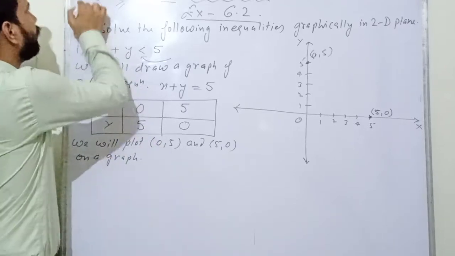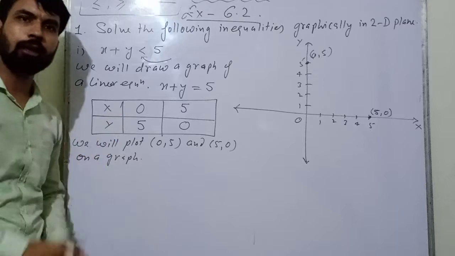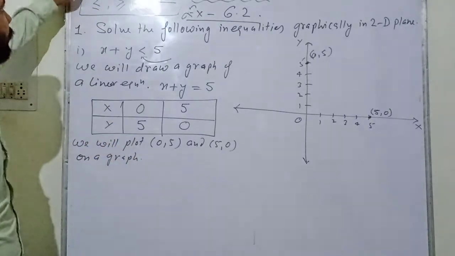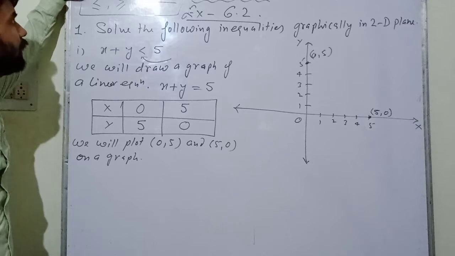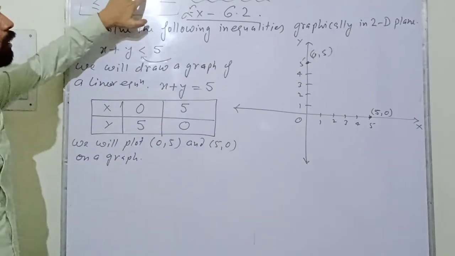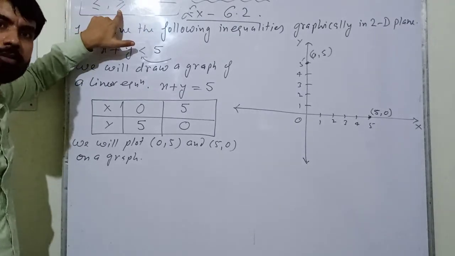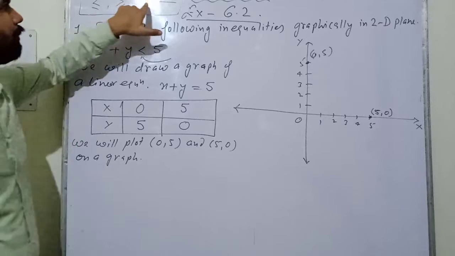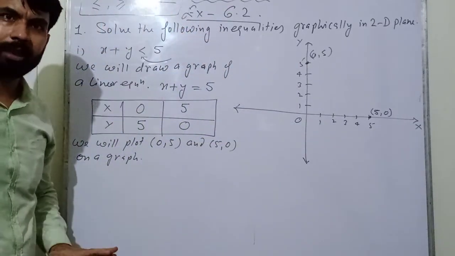This point you will have to keep in your mind whenever you plot the graph for linear inequation. If the sign of inequality is only less than or greater than, then we will join these points by dotted line. Or if greater than equals to or smaller than equals to signs are there, then we will join these points by regular line. Hope it is clear.